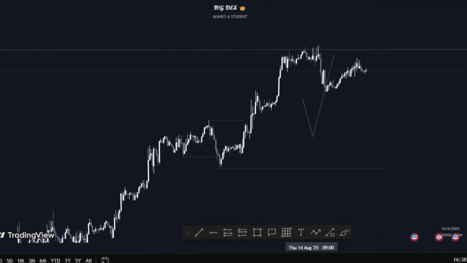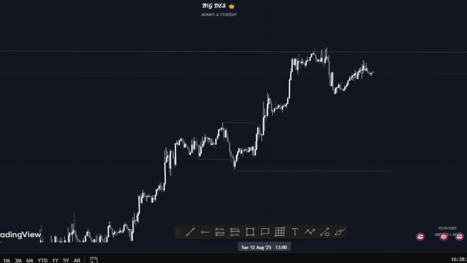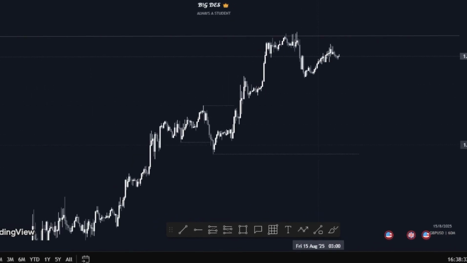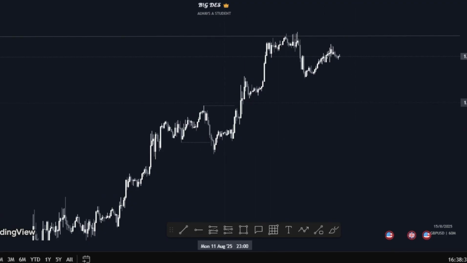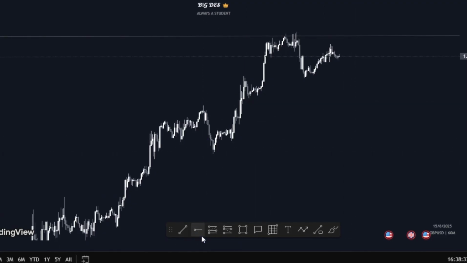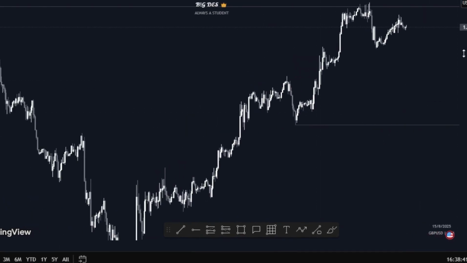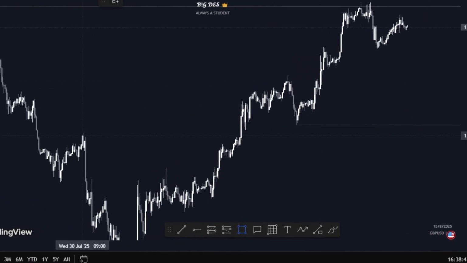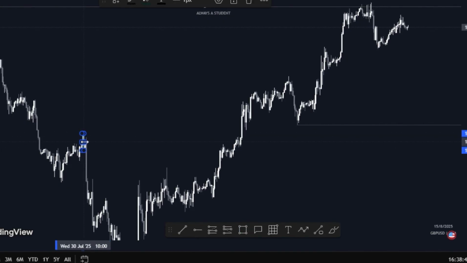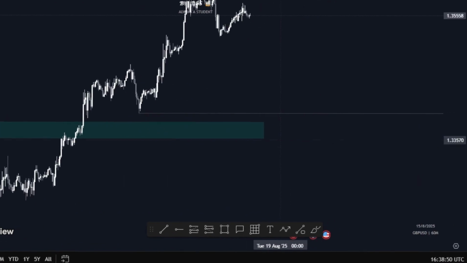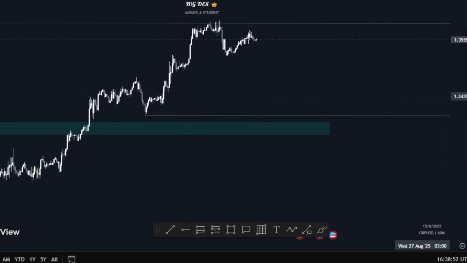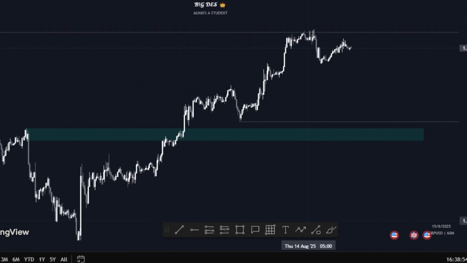So since there hasn't been any obvious V shape within this leg, I'm no more interested in it. This low looks vulnerable to me, and this flip zone below that low makes it more obvious that this area is the next target.